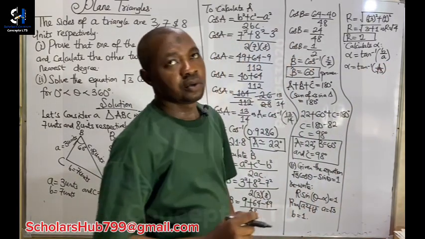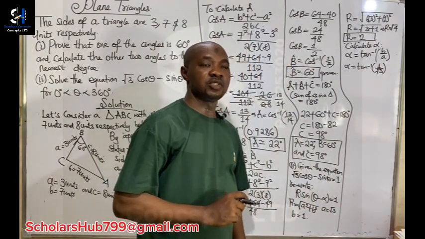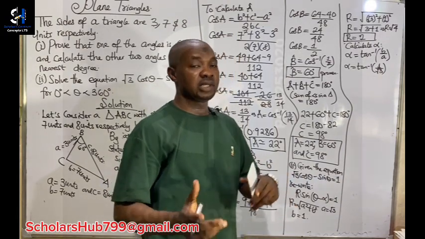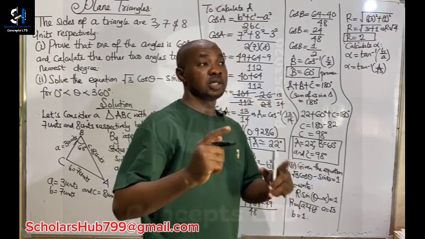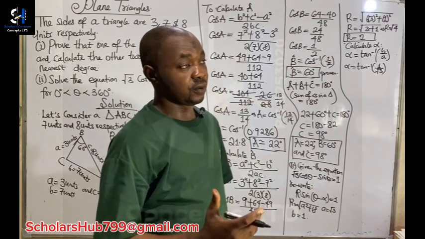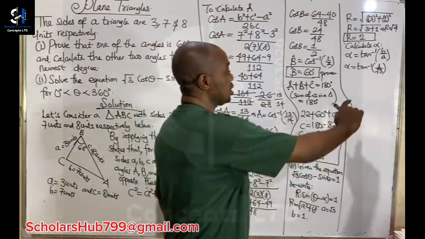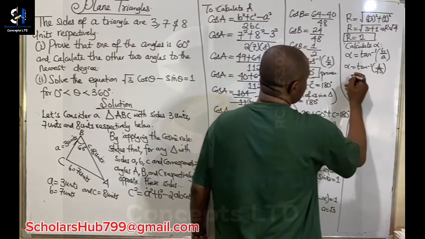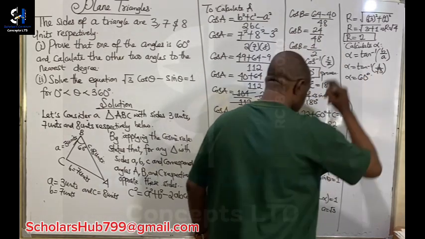Now, tan of 60 degrees is radical 3, which is 1.732. Then tan of 30 degrees will be 1 over radical 3, from what we call the similar triangle. So in this case, the inverse tan of 1 over radical 3 will be 30 degrees.